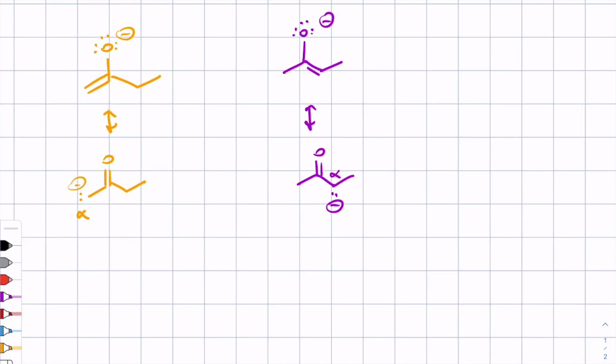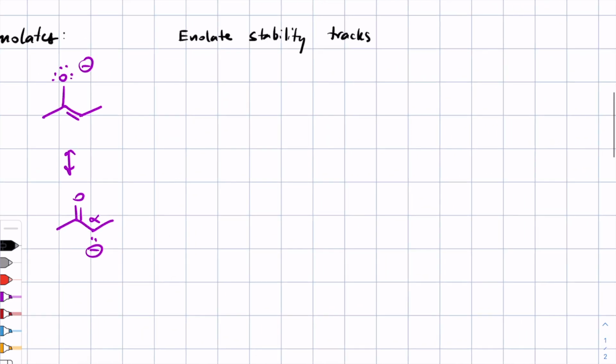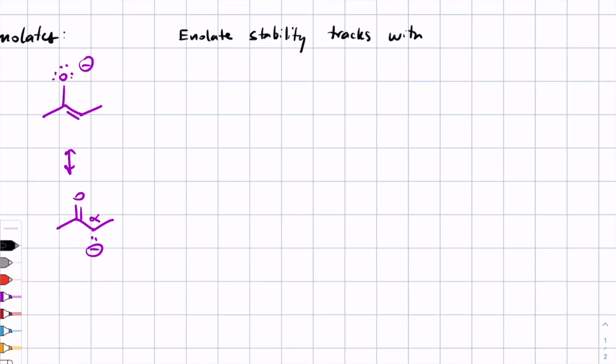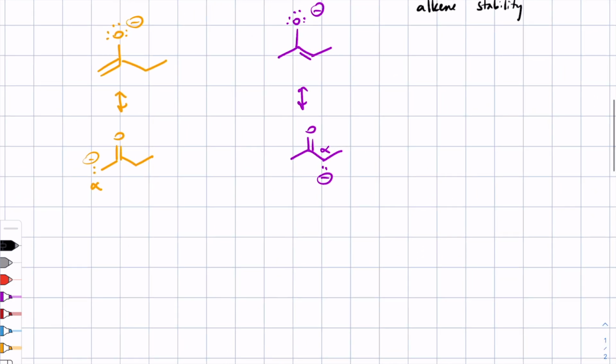Now, it will turn out that enolate stability tracks with alkene stability, which you learned about in 351. So, which is more stable, orange or purple enolate? Purple, that is correct.